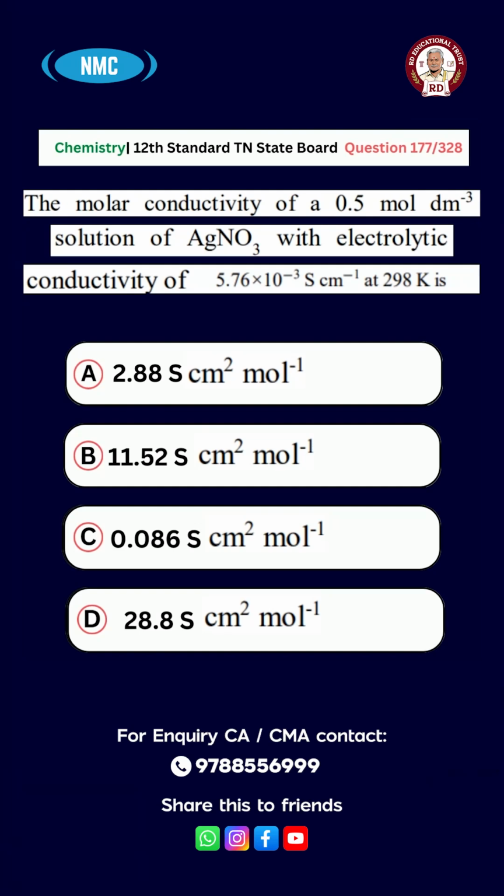The correct option is option B, 11.52 S cm² mol^-1.